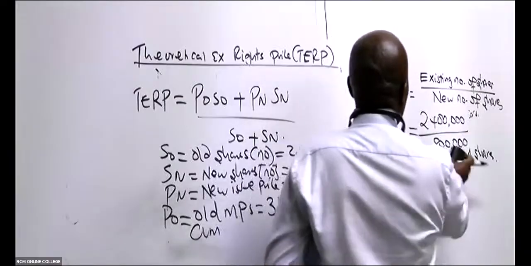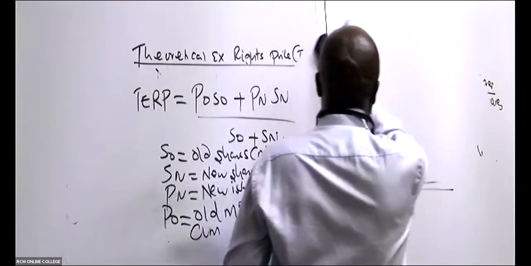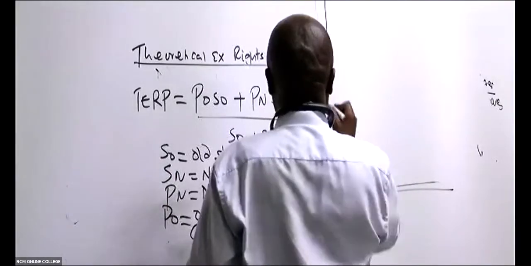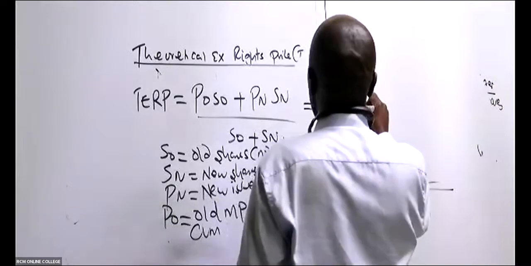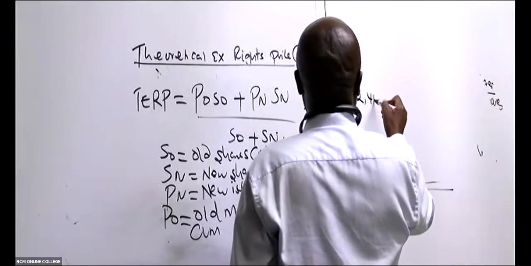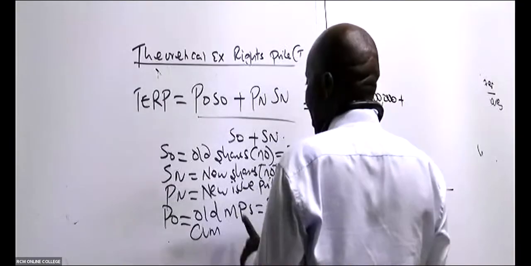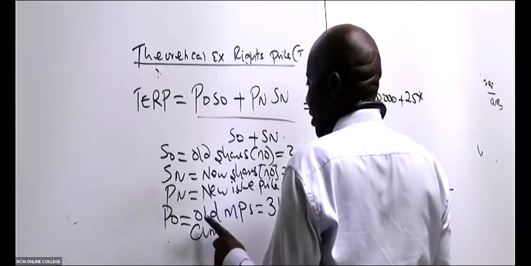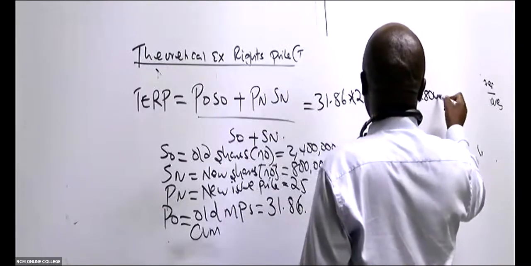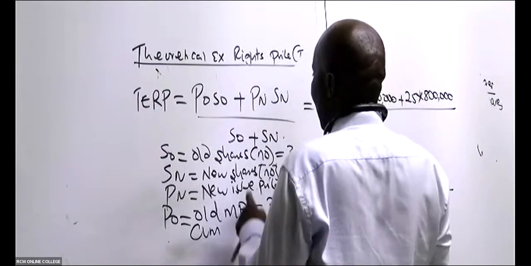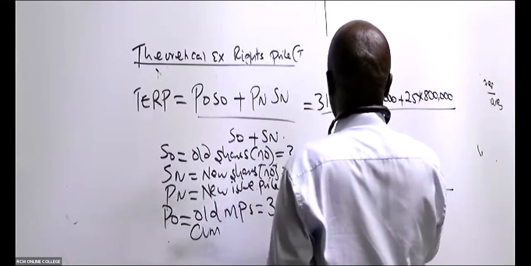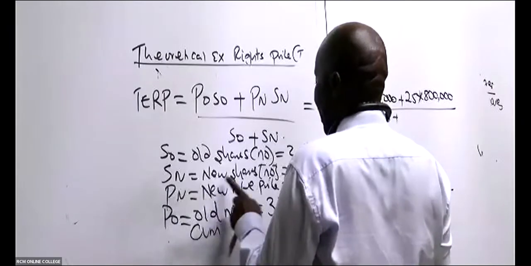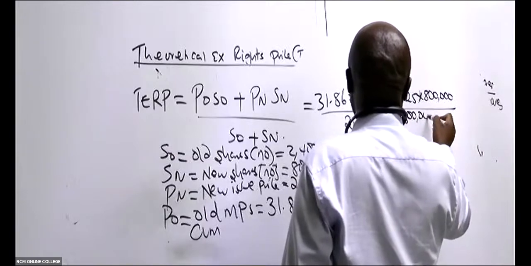So PO we have here is 31.86 times SO, the old shares, 2.4 million, plus PN, which is 25, times SN, the new shares, 800,000. Divide this by SO, which is 2.4 million, plus SN, which is 800,000.